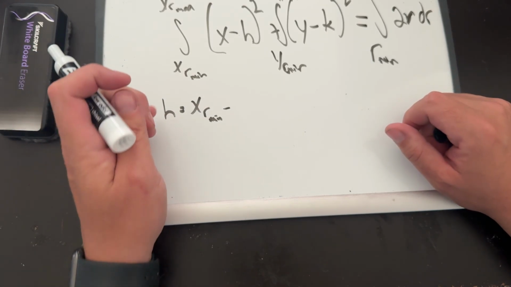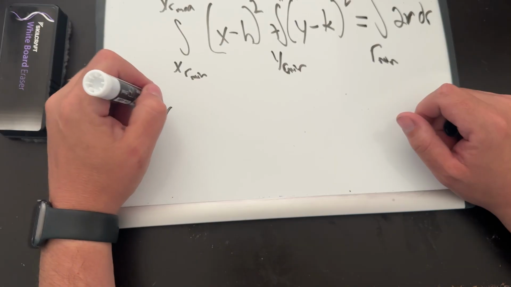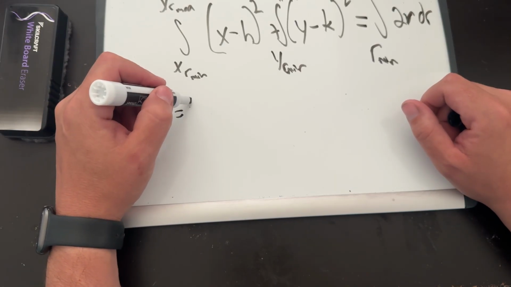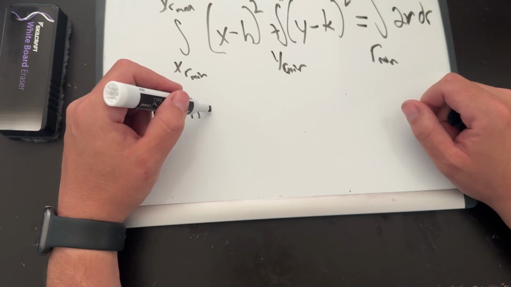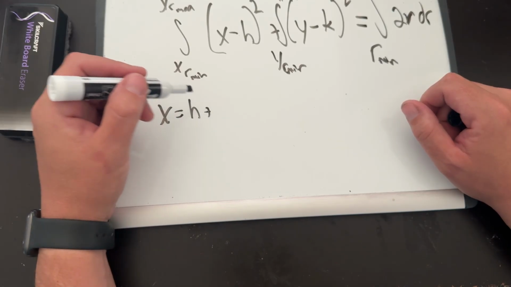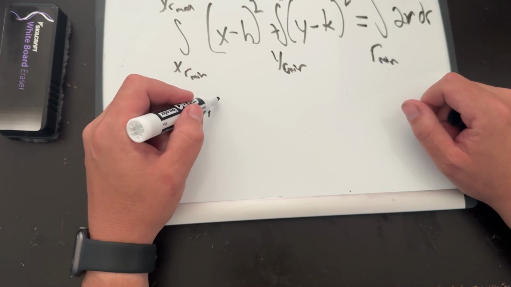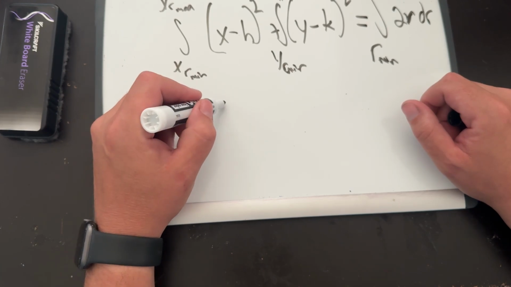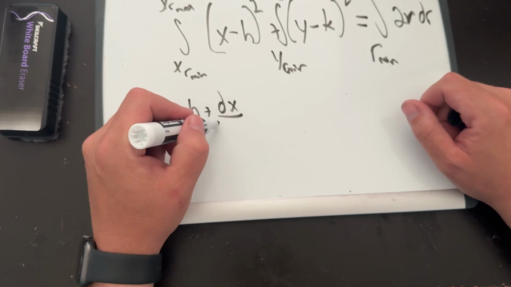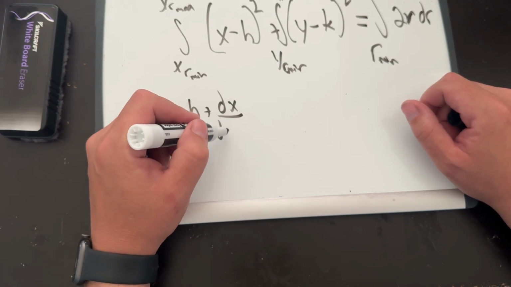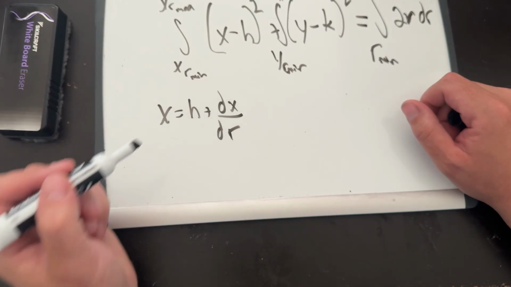No, h and k is just a point. It was the x value. So x would be equal to h plus the change in x with respect to the change in radius.